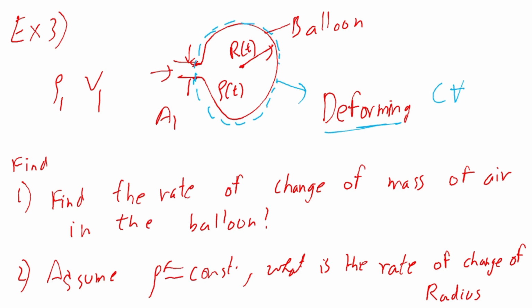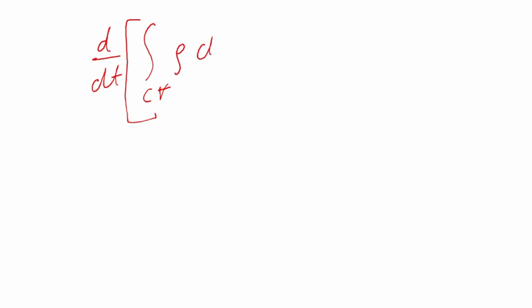Now if you go to the mass conservation law, one of the key things you have to remember is that in this case you cannot pull the integral out or the time derivative inside, because the control volume itself, or the integral, is changing with time. So this integral has to be inside the time derivative when you're finding the total rate of change of mass.